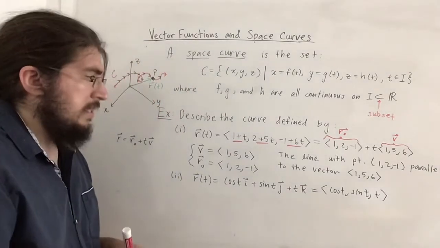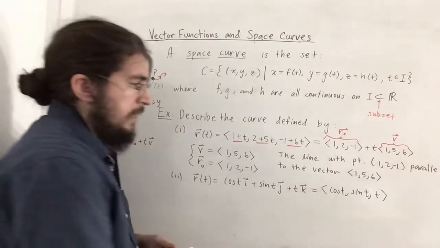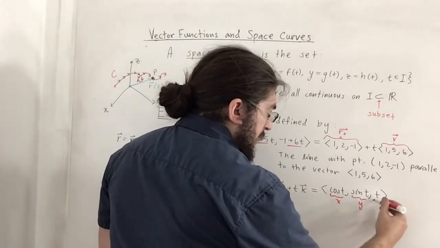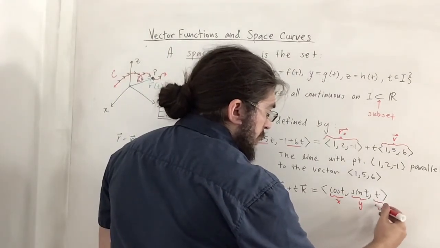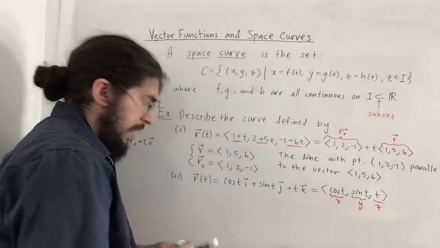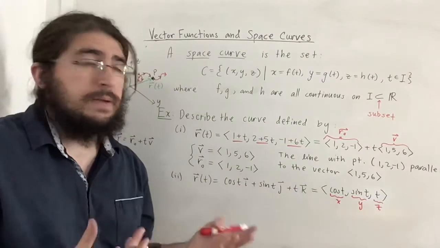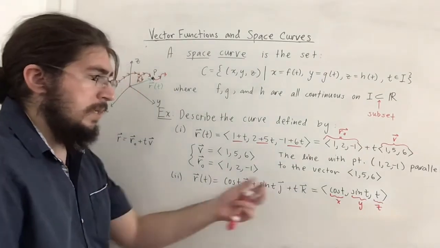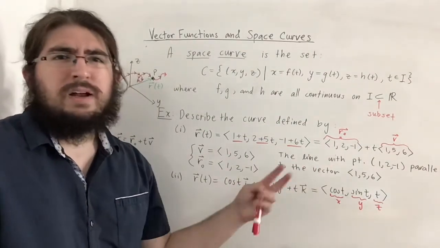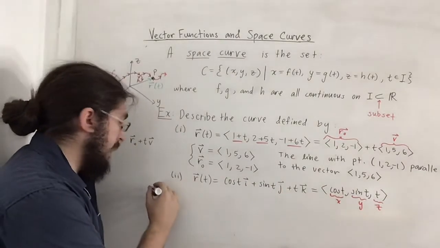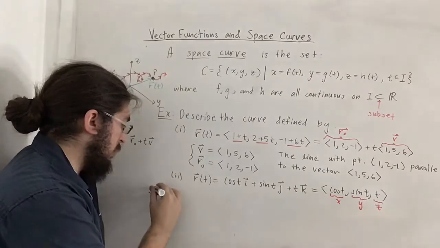If we set these equal to x, y, and z, this is our x component, this is our y component, and this is our z component. Let's take a look at x and y. There's something to notice about cosine and sine that's pretty common when x is cosine and y is sine: cosine squared plus sine squared is equal to 1.